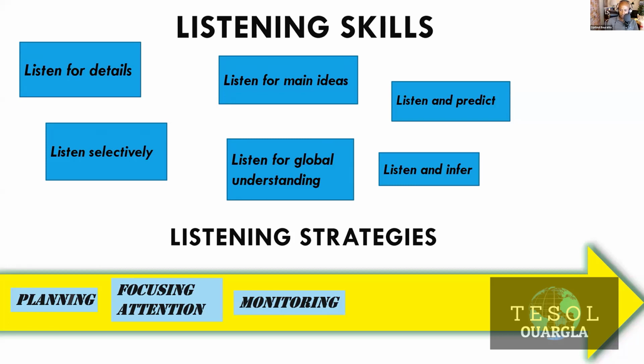Then we have evaluation, which is checking the outcomes of listening and listening plans. And then we have, of course, inference. Now, you might say, what are the differences between listening skills and listening strategies?